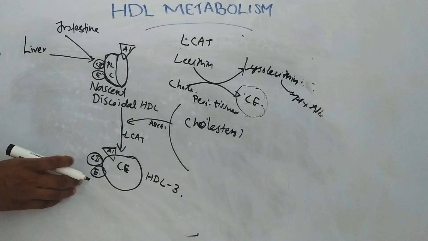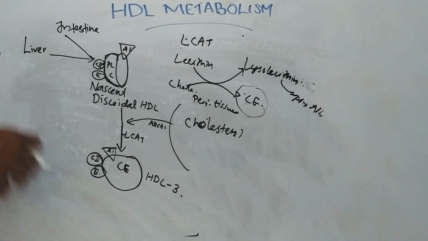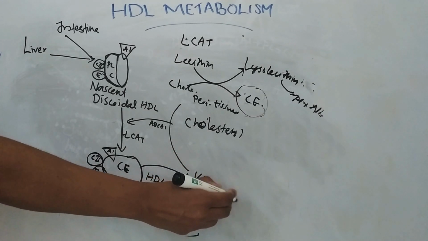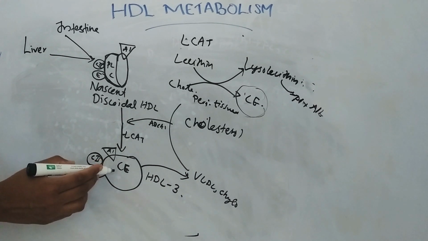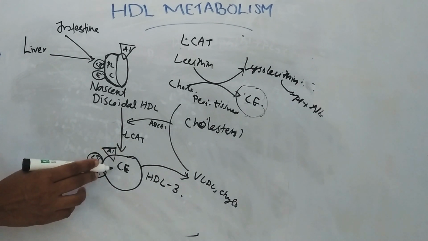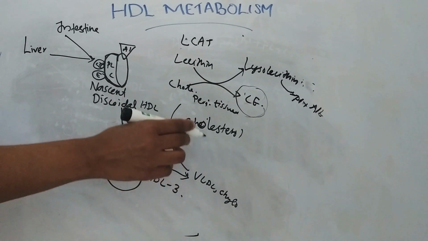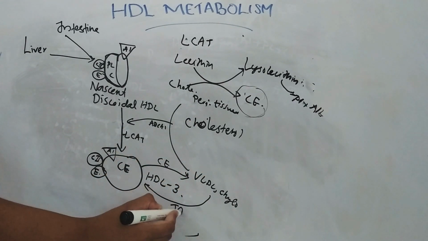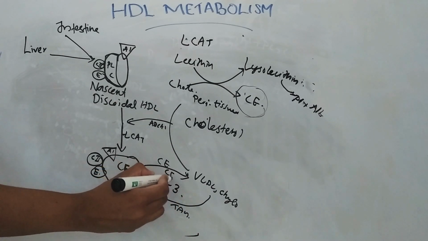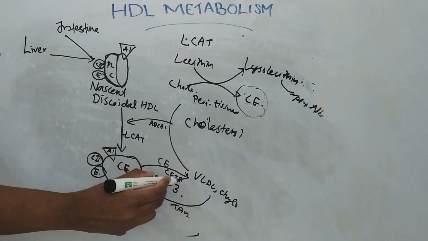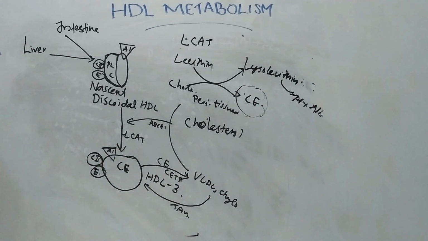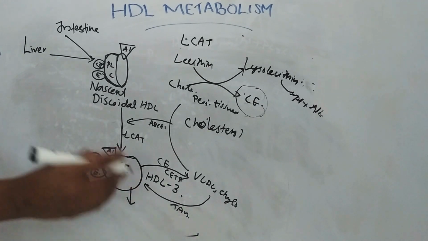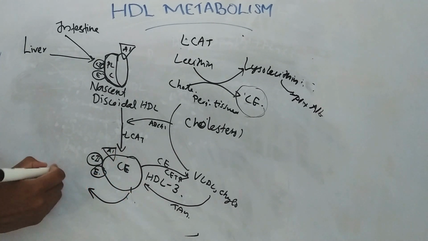Then from HDL3, cholesterol esters will move to other lipoproteins such as VLDL, chylomicrons, etc. From HDL3, cholesterol esters will transfer to VLDL or chylomicrons in exchange for triacylglycerol. This is by CETP, that is cholesterol ester transfer protein. By this time, HDL3 is converted to HDL2.